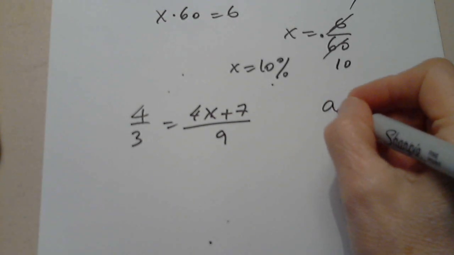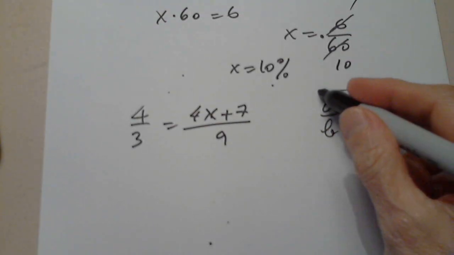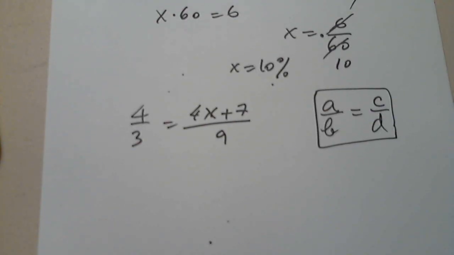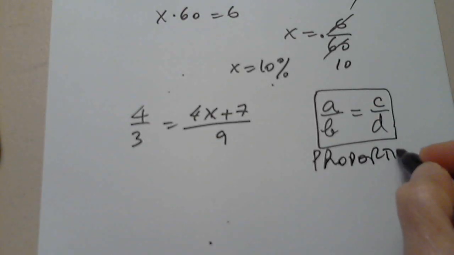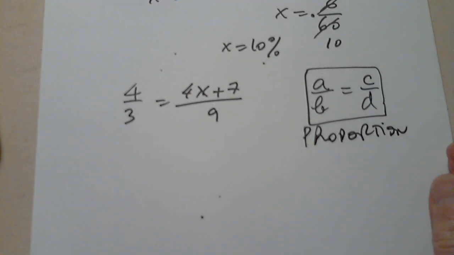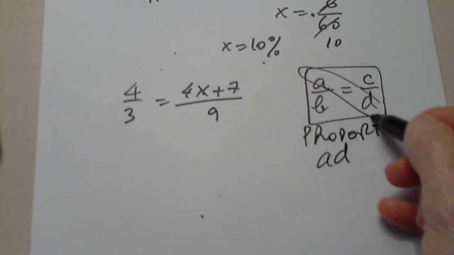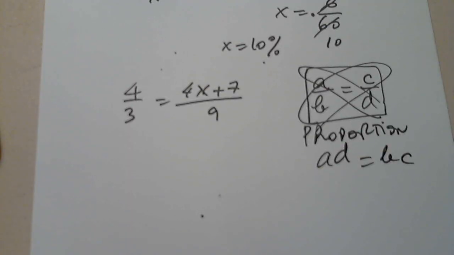A proportion is a fraction on the left-hand side and a fraction on the other side of one equal symbol and nothing else. Only in a proportion. Very important to remember. Very easy to deal with. A times D, this product, must equal this product. This is really the easiest thing to remember in this course, I think. I hope you agree.